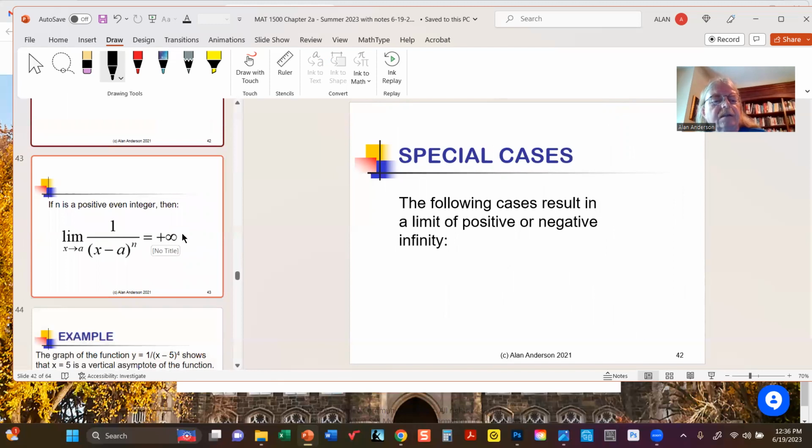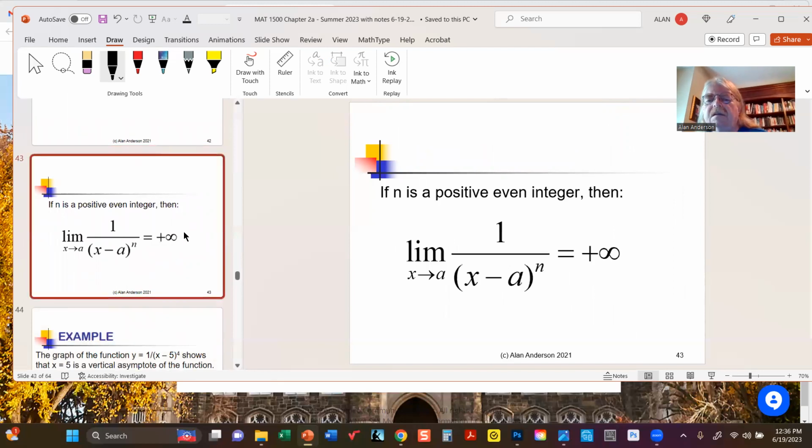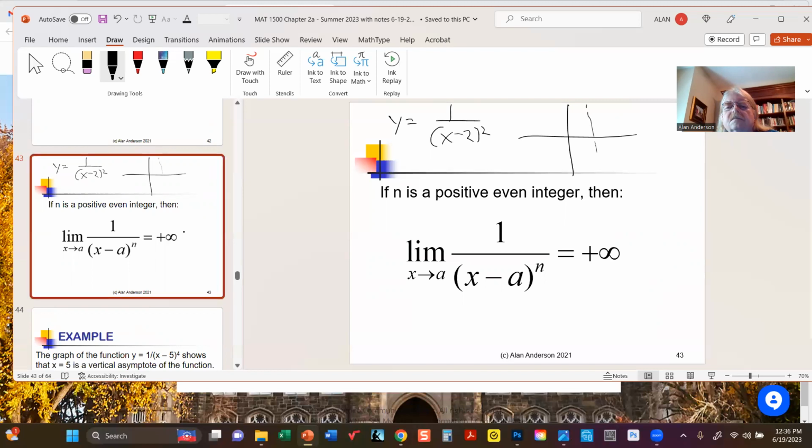Now, here's some cases that will result in infinity. And this one we've seen before. Remember, we had 1 over x minus 2 squared. That's better. That's our asymptote.